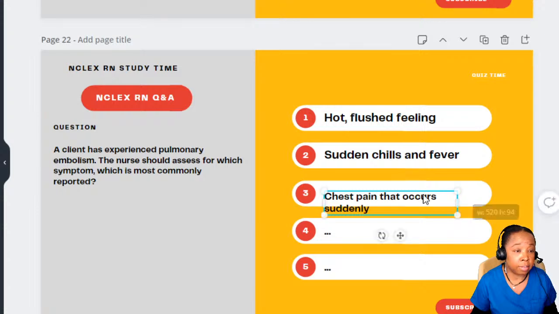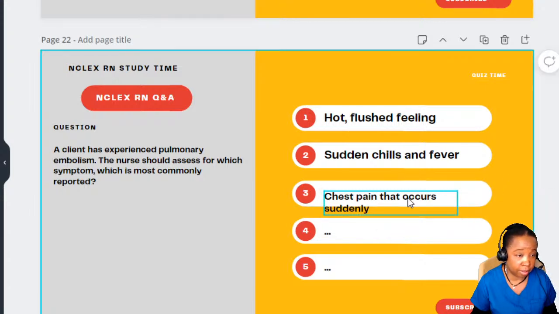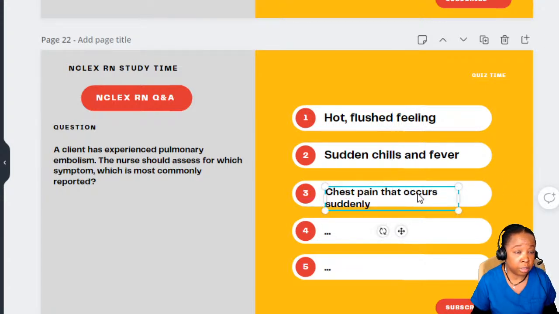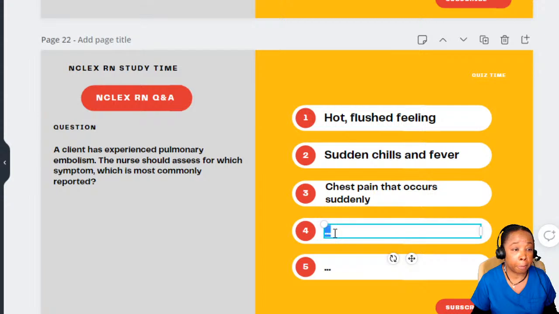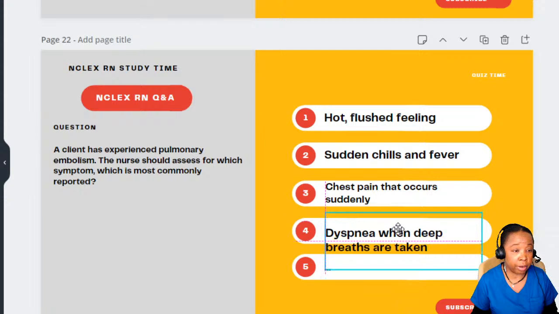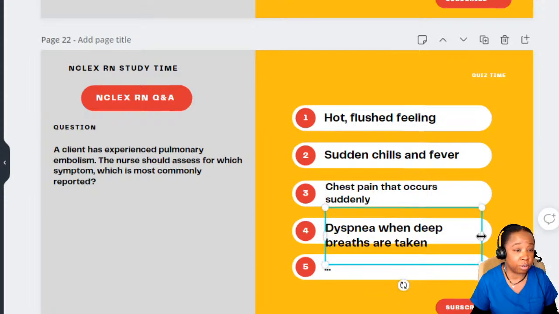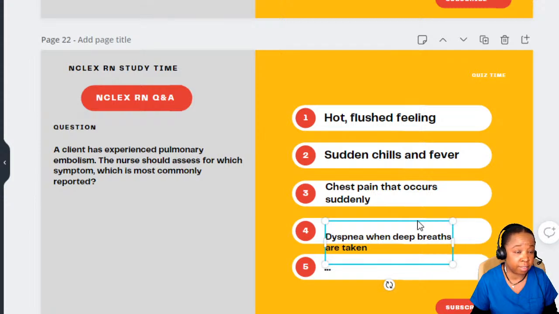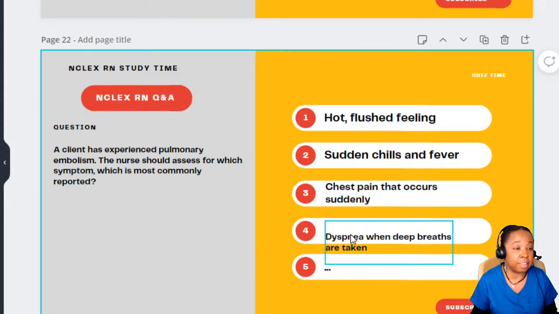That means the patient will have sudden chest pain because of the pulmonary embolism. The last one says dyspnea when deep breathing or taking. That means each time the patient takes a deep breath, the patient will have dyspnea.